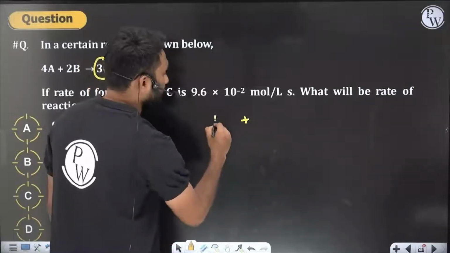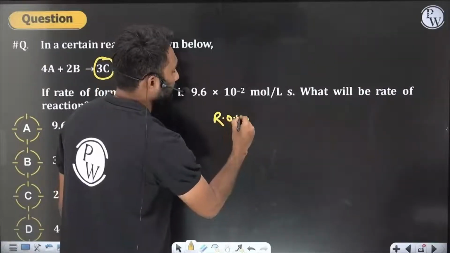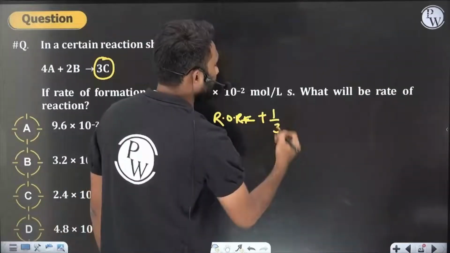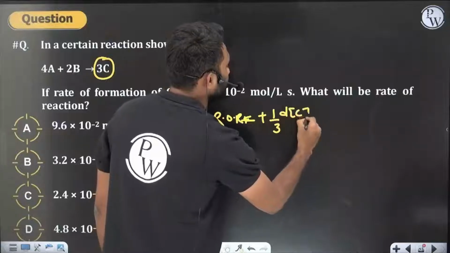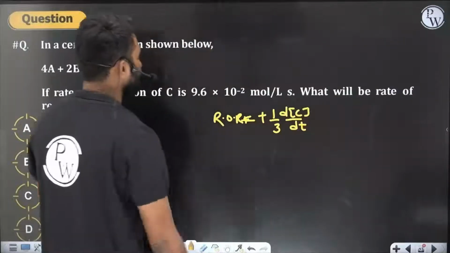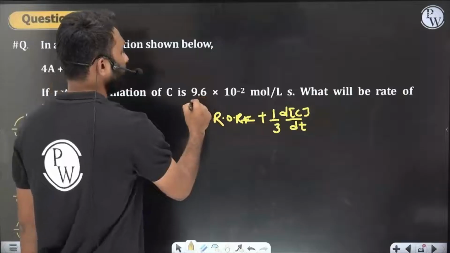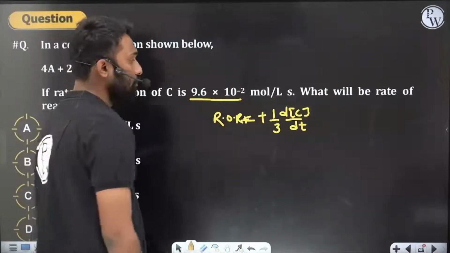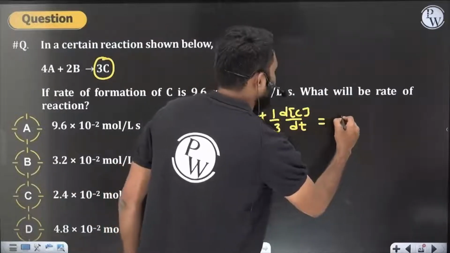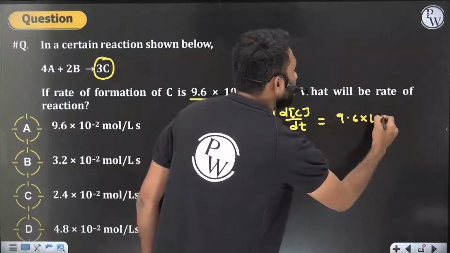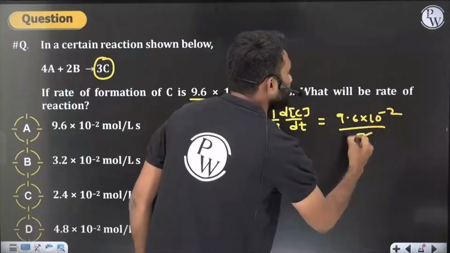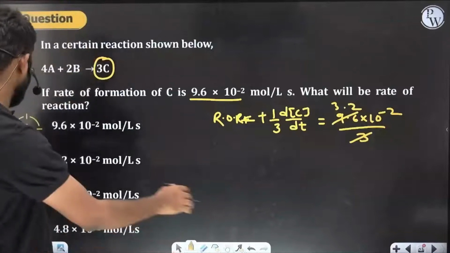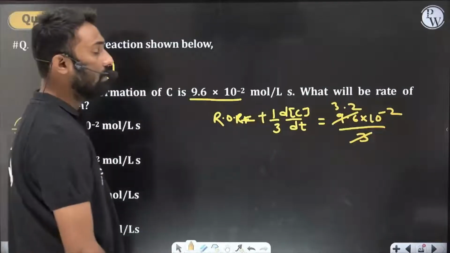Rate of the reaction is equal to plus 1 by 3 change in concentration of C by t, right? Now here the rate of formation of C they have given is 9.6 into 10 to the power minus 2, divided by its stoichiometric coefficient 3. How much will it become? 3.2 into 10 to the power minus 2 is the correct answer.